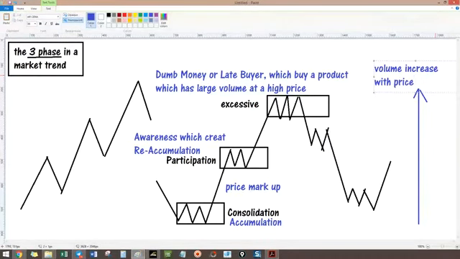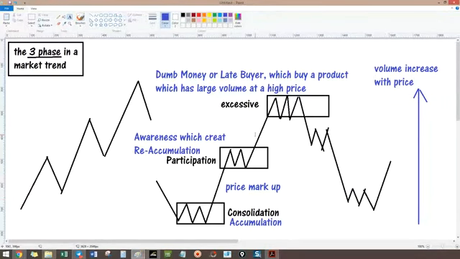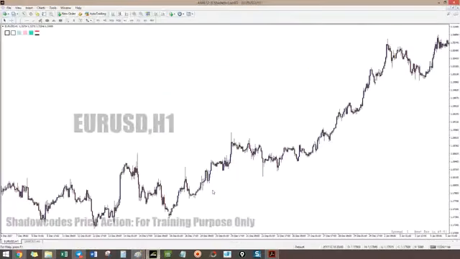So the volume of participation increases and price also increases here. Okay, if you see over here at the right corner, this thing that I show you, this is price. Okay, this is price. I think I need to draw something like this.